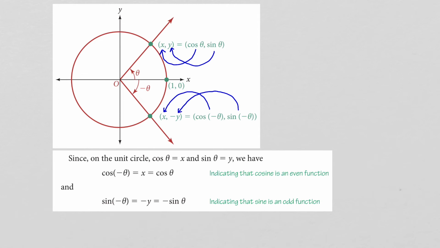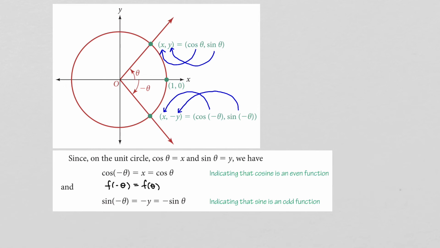Well, cosine of theta here is x, and cosine of negative theta is also x. So cosine of negative theta and cosine of theta are equal to each other. This means that cosine is an even function, right? Because what we're saying is f of negative theta is the same as f of theta.